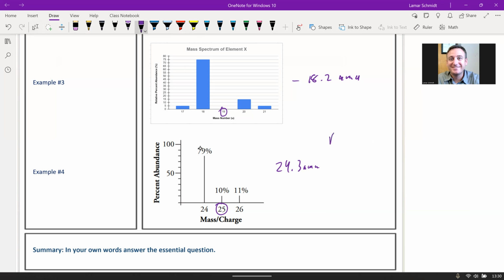Now what if I said, how many neutrons are in isotope 26? How would I know that? That's right. I know magnesium has 12 protons. And what's my mass number of isotope 26? 26.